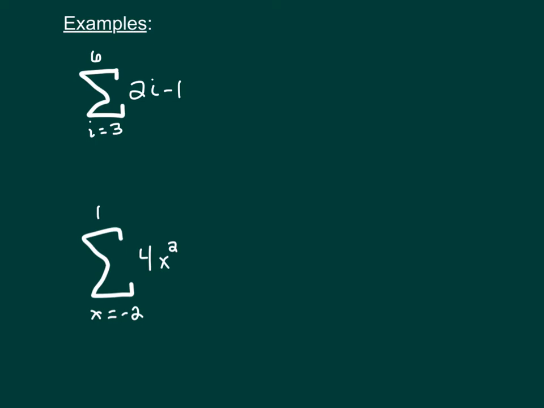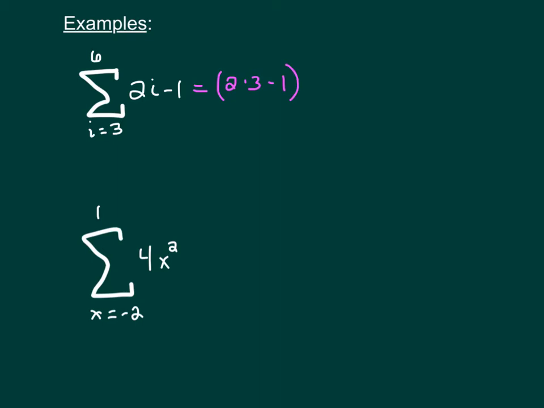In this first example, they're telling us to sum all the values of 2i minus 1, starting at an index of 3 and ending at i equals 6. Let's just take this 3 and substitute it in for i. So when we do that, we're going to have 2 times 3 minus 1.